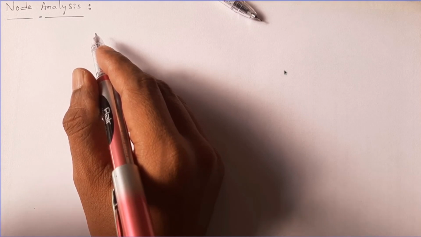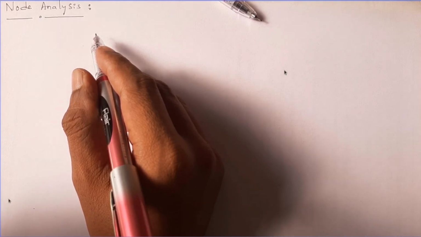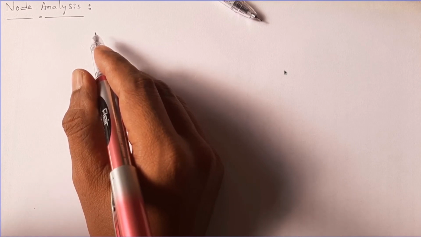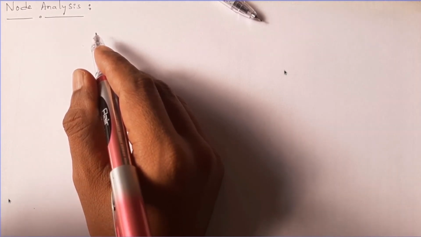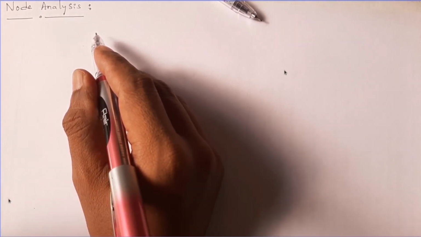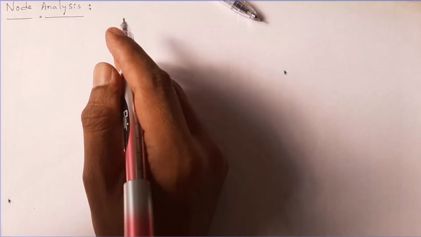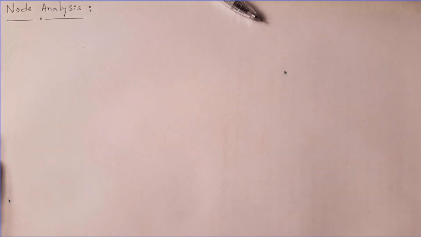Later we analyzed the circuit or a network using source transformation, and afterwards star to delta transformation, and later we discussed mesh analysis to analyze a given circuit. And even in the last video I discussed super mesh analysis, which is a special case of mesh analysis. In today's video I am going to discuss node analysis.